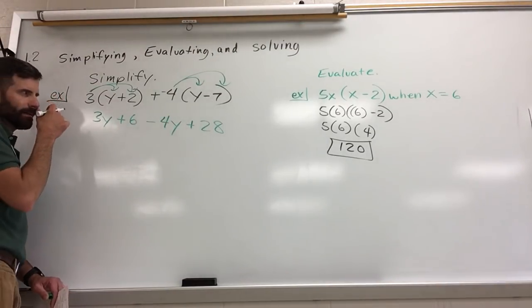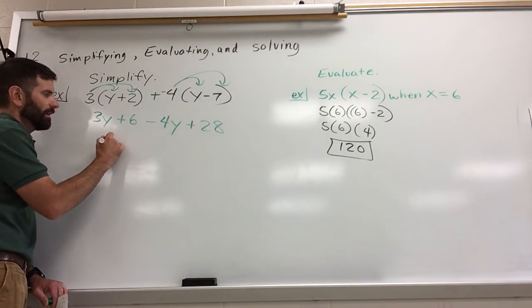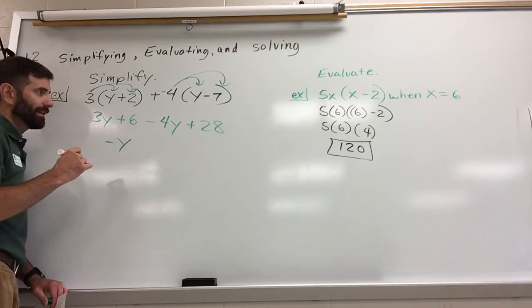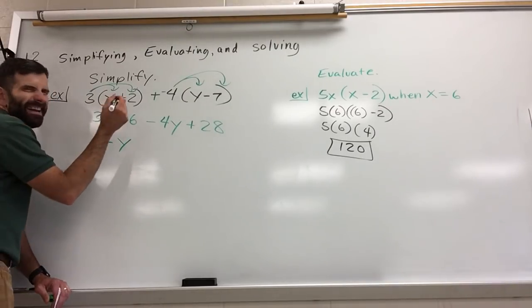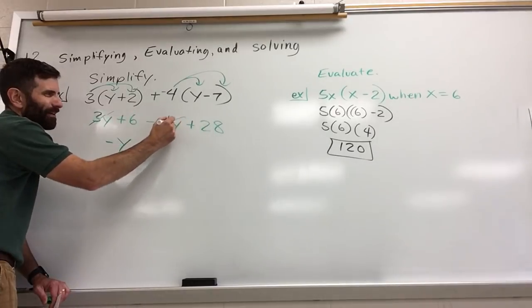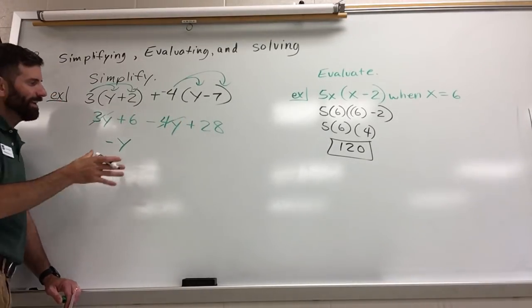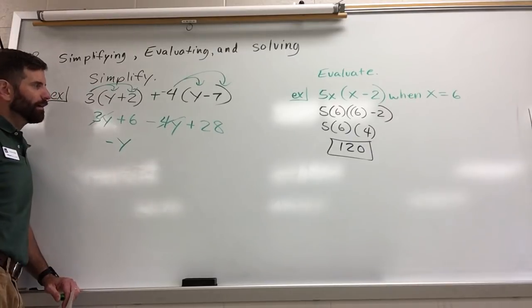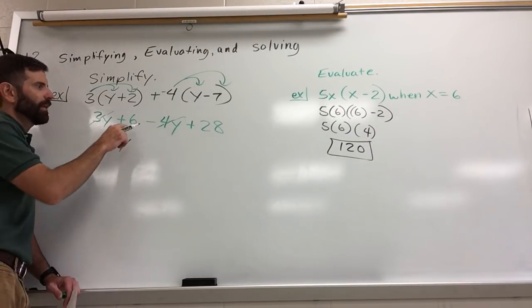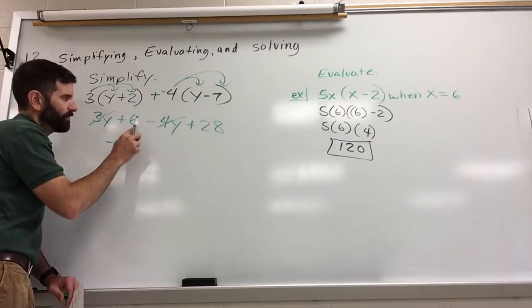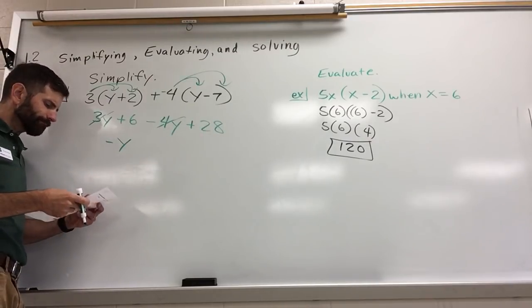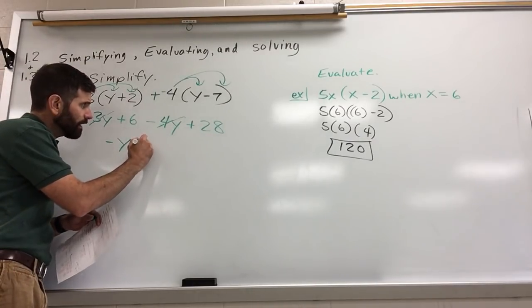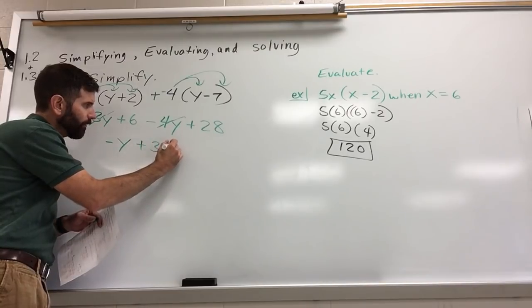If we simplify those, we'll get a negative 1y or simply a negative y. So a lot of teachers don't like this, but I kind of mark them out. They didn't actually go away. They're still there, but it's just keeping track. I'm noting what I've done already. From there, I've got like terms of 6 and 28 to make positive 34.